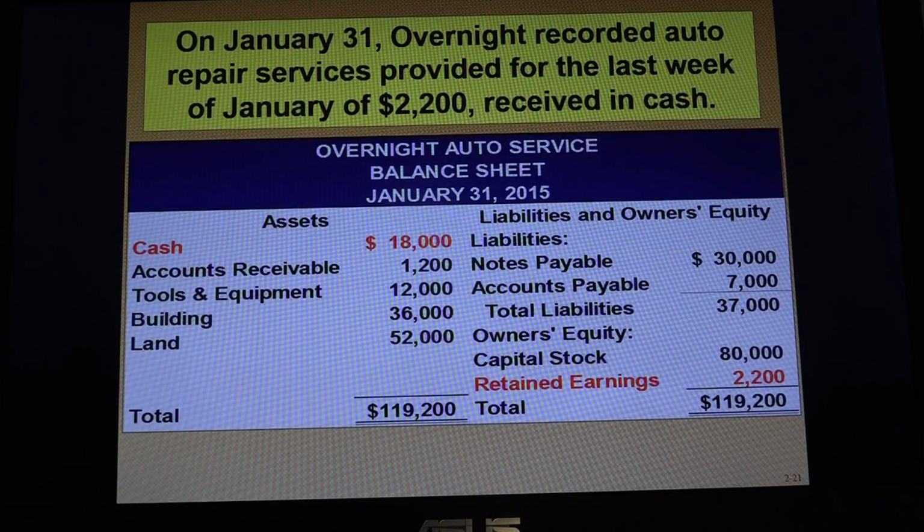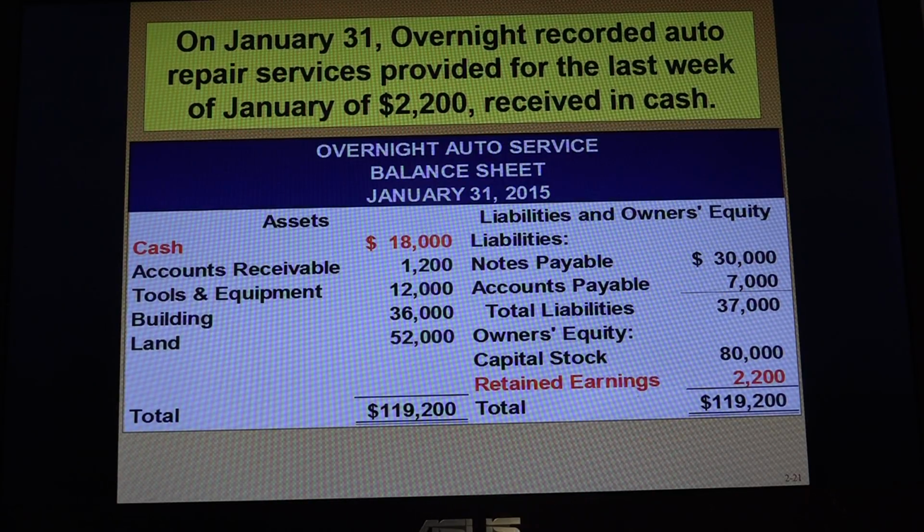On January 31, Overnight recorded auto repair services provided for the last week of January of $2,200 received in cash. All right, so after the last transaction, they had cash of $15,800. They received $2,200 for some services they provided.